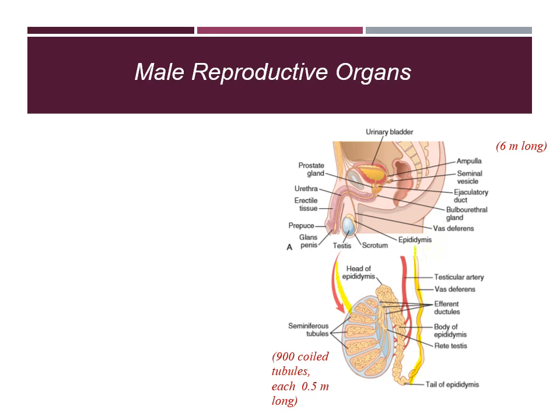Vas deferens, as you can see here in the upper figure, links the testis and epididymis with the internal and external parts of the male reproductive system.